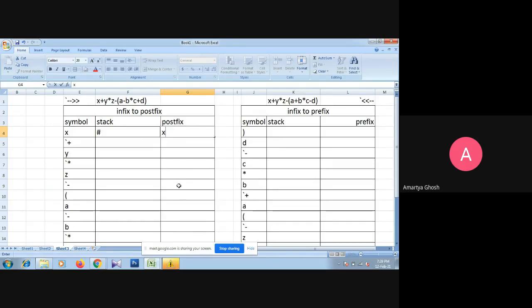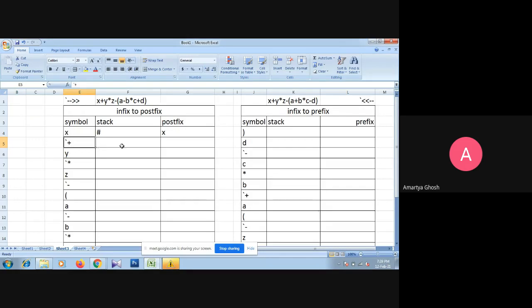So every time we will add the symbols from the symbol table or from the stack, and it will look like increasing order from left to right, linear. So it is right linear. So now the second symbol is operator, and operator will not directly go to the postfix column.